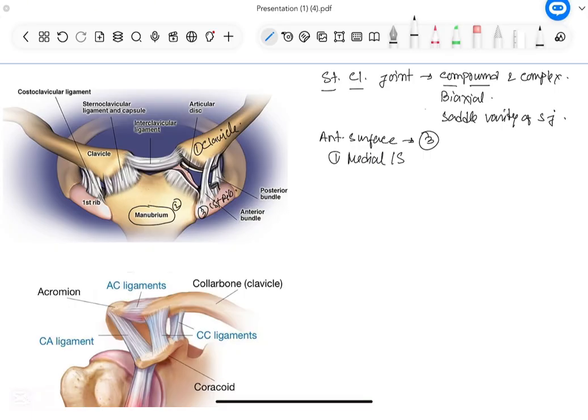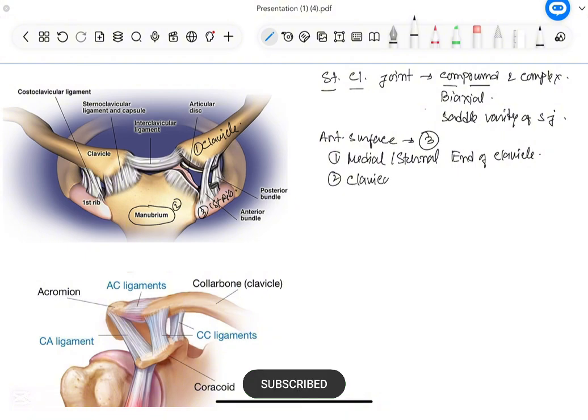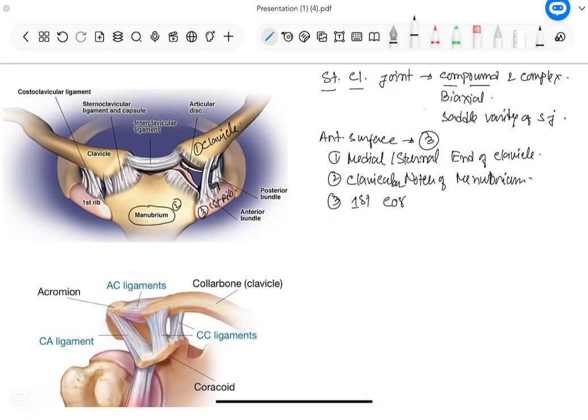Number two, the clavicular notch of the manubrium, and the upper surface of the first costal cartilage. So the first explanation is done.